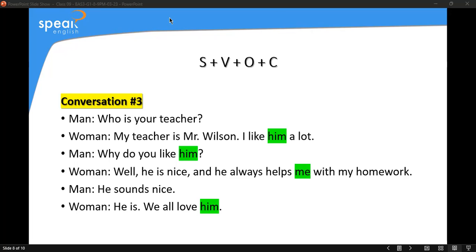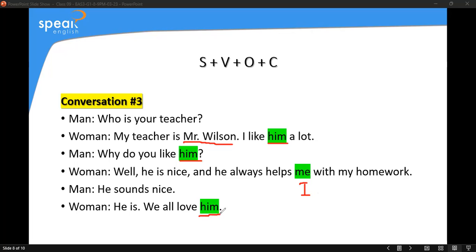Okay, excellent. So again, in this conversation, we're talking about Mr. Wilson, a man. That is why I say "him". Okay, why do you like him? He helps me. In this case, this "me" is related to "I". I'm talking about myself, okay? He helps me.